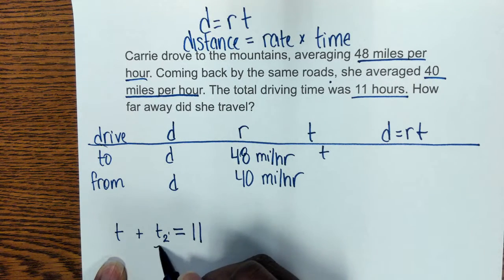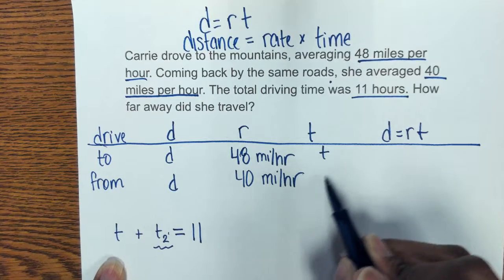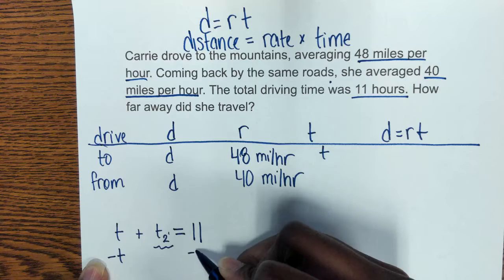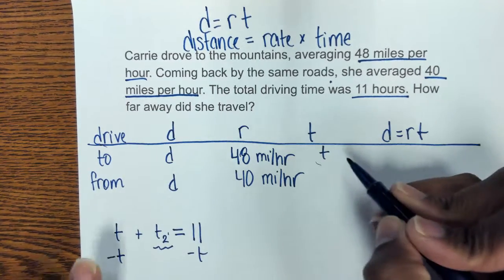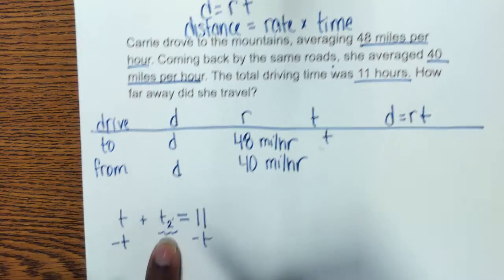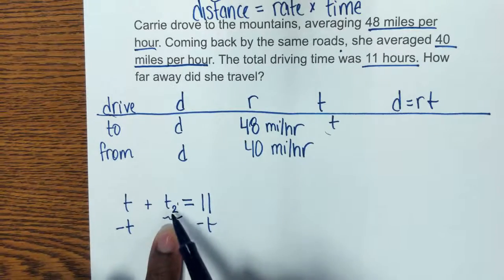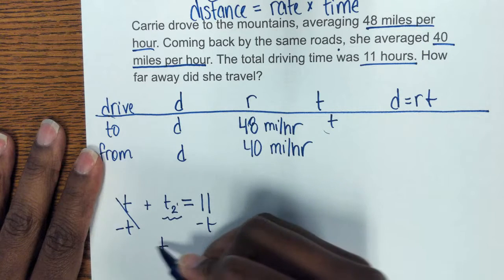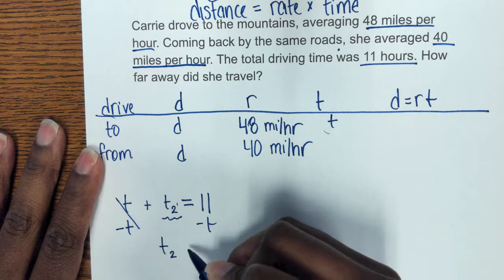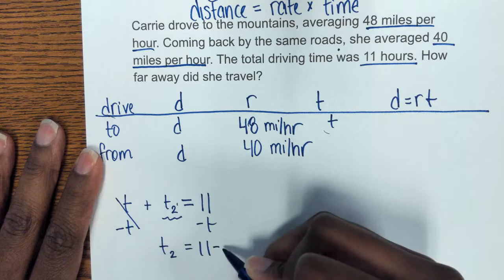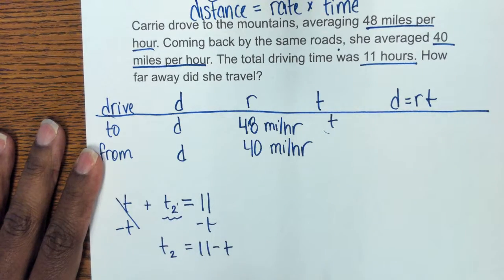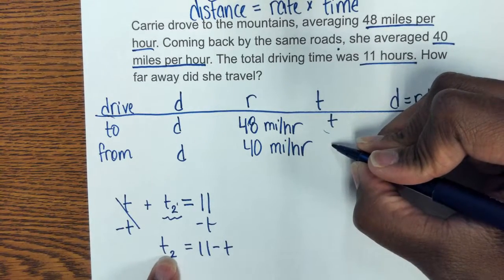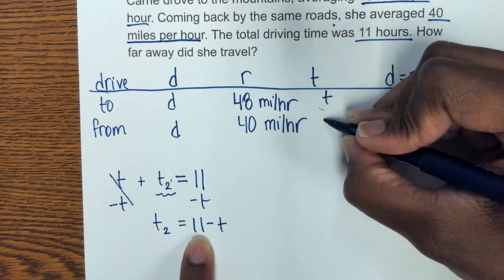But I'm trying to figure out what T2 was so I can put it in this table. So what I'm going to do is subtract T, so that I only have my T2, my second drive. When I subtract that, the second time is equal to 11 hours minus however many hours that first T was. So instead of saying T2 here, I'm just going to call this 11 minus T.